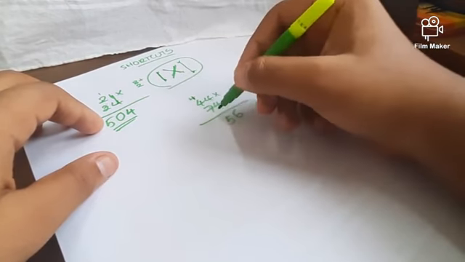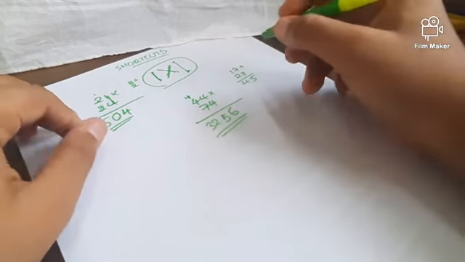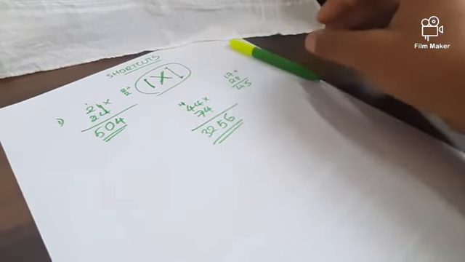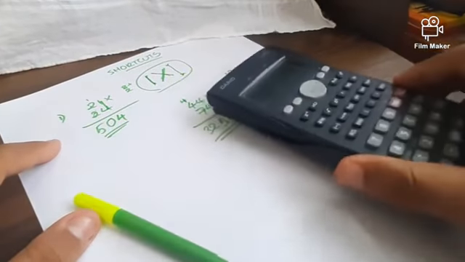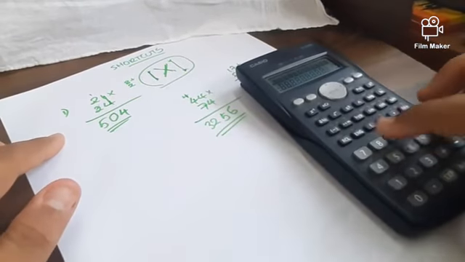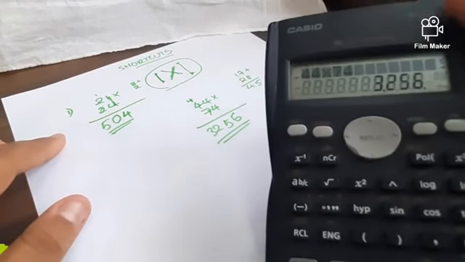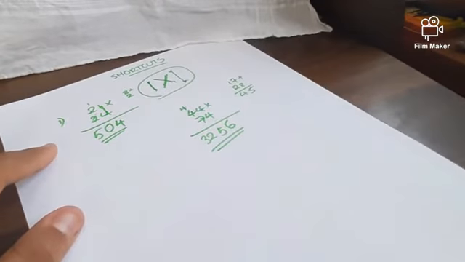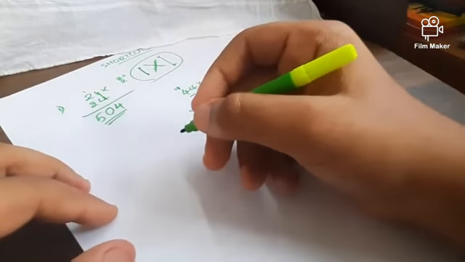We know 7 into 4, 28 plus 4, which is 32. We got the answer as 3256. Let's check it out. 44 into 74, we have got the answer as 3256. So this is our super method for multiplication.